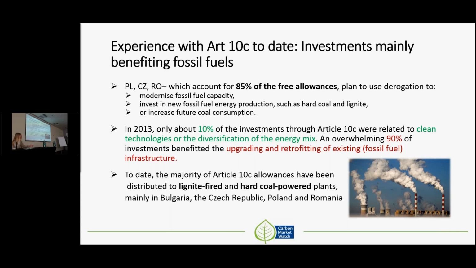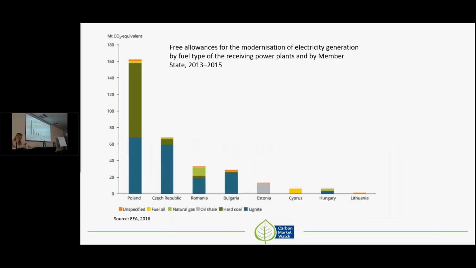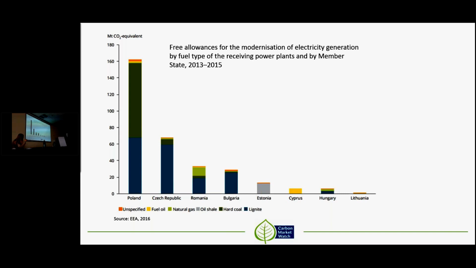And to date, between 2013 and last year, a majority of these free pollution permits were given to lignite-fired and coal power plants. You can see the graphs here. The blue part is lignite, and the green one is hard coal.